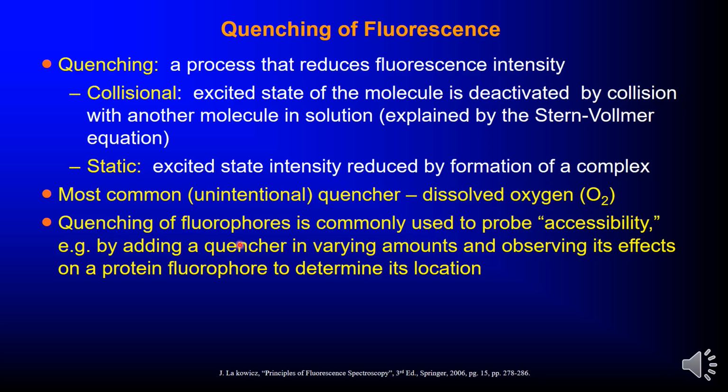Quenching of fluorophores is commonly used to probe accessibility, e.g. by adding a quencher in varying amounts and observing its effects on a protein fluorophore to determine its location. So it's also not very bad. It can be explored for good.